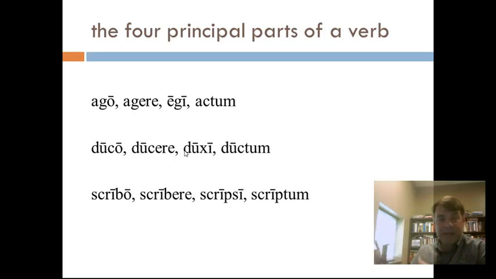If you've been paying any attention to that third principal part in the verbs we've had so far in Wheelock, they've been pretty normal. Amo, amare, amavi with a vi, amatum. Okay, that's pretty standard. However, the third conjugation begins to occasionally get a little funky. So like duxi, where'd that X come from? Scripsi, where'd the P come from? Where'd the S come from?